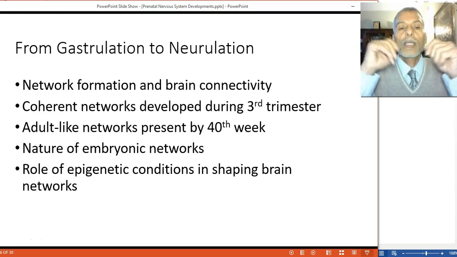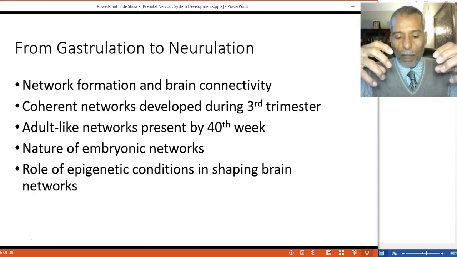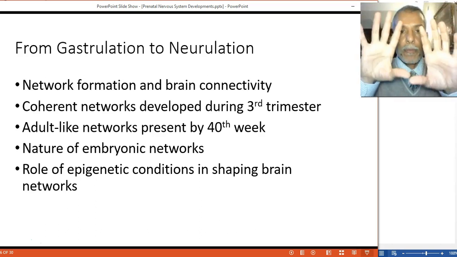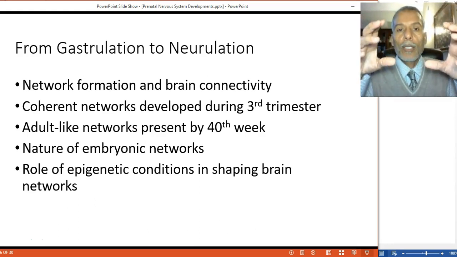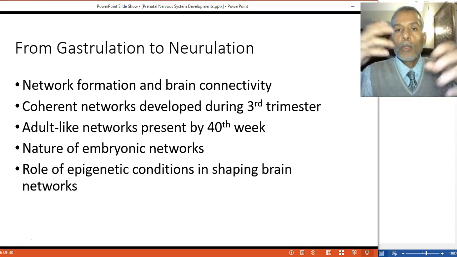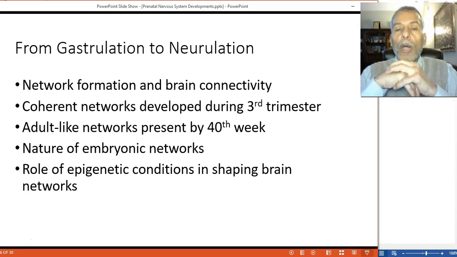The process is that you come into life with these basic networks that are enough to run that little body, to make it swallow, to make it cry, to make it move, to make it digest, and the basic functions that a newborn can perform.